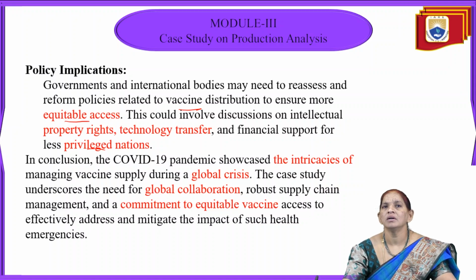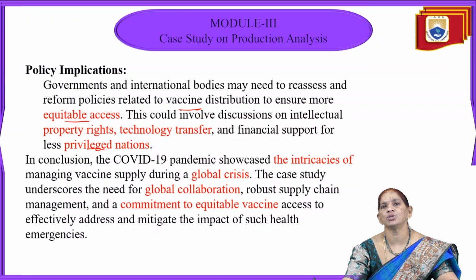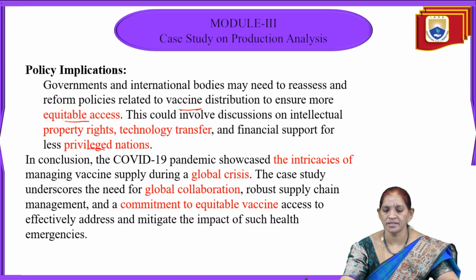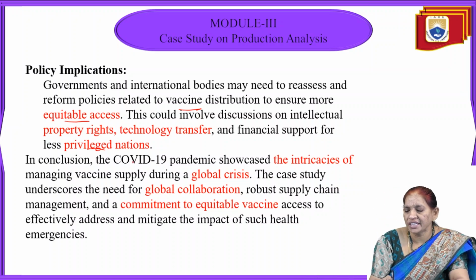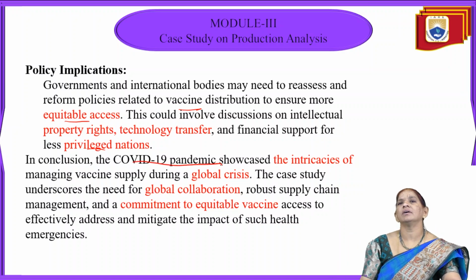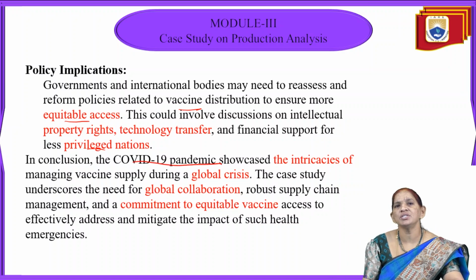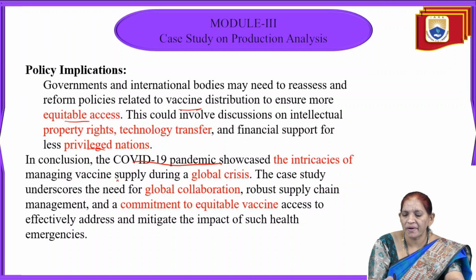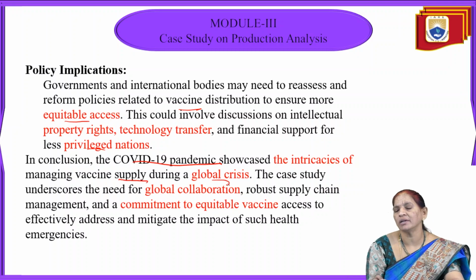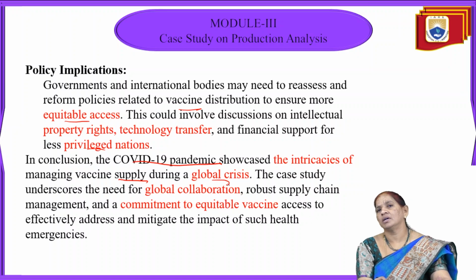So by this analysis of the case study, in conclusion, we can say that the COVID-19 pandemic showed the crisis of managing vaccine supply through a global crisis. It is not limited to a particular area.